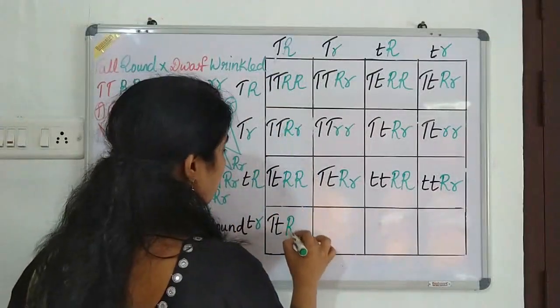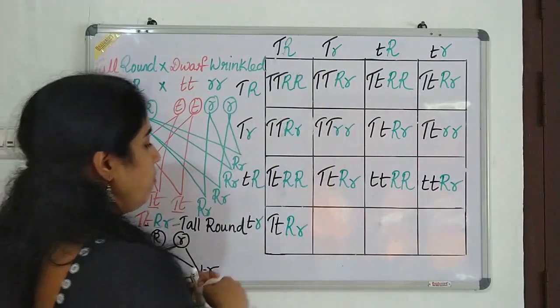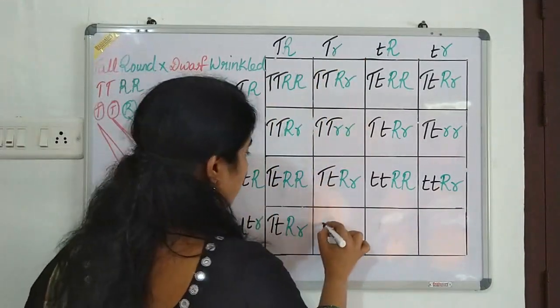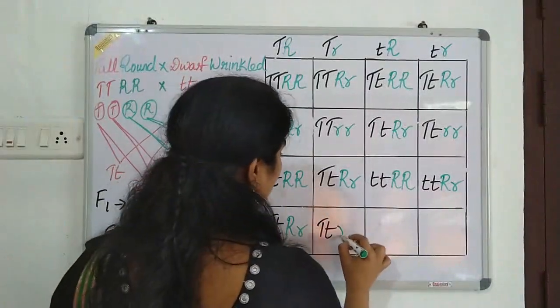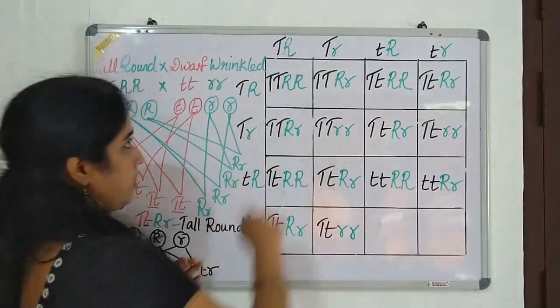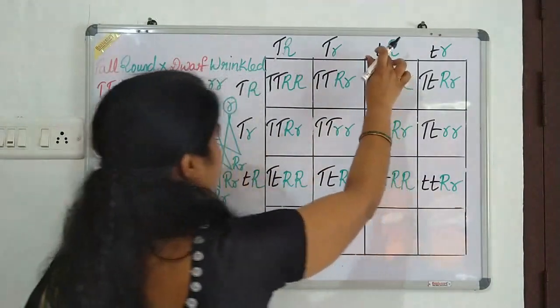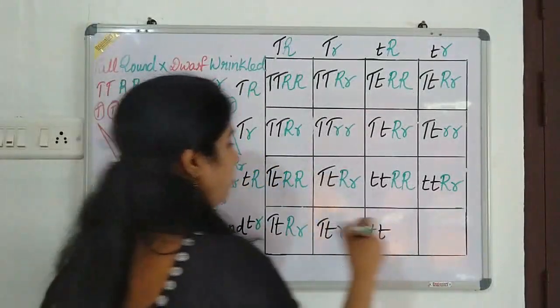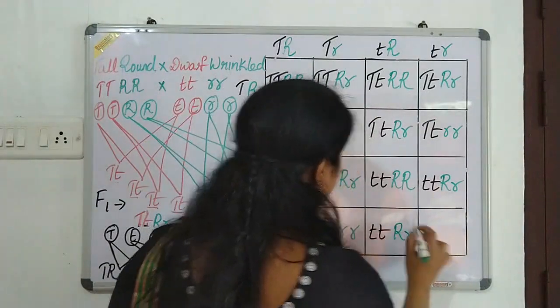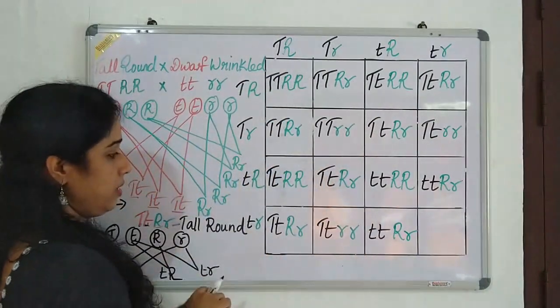Here one is small. Here one is capital T, another one is small t. Then what about R? Both are small r. Here both T's are small. Here small t and here also small t. And what about R? One capital R. You can see one small r.